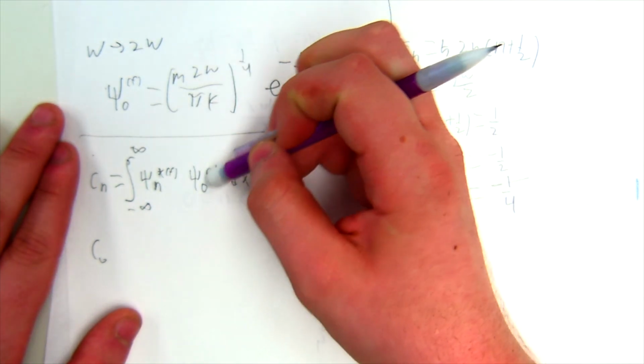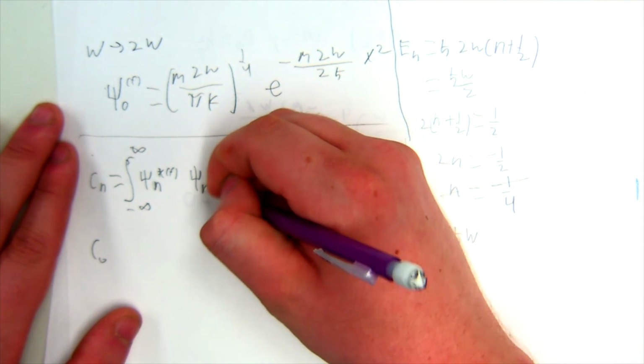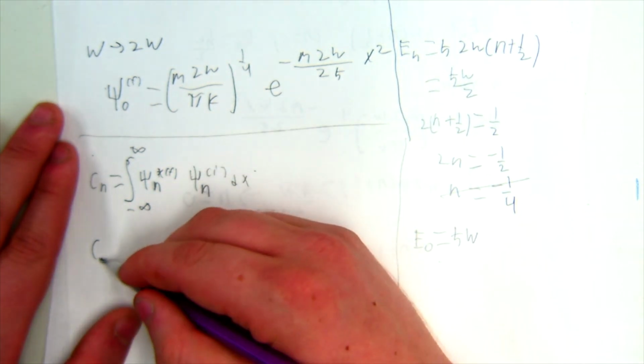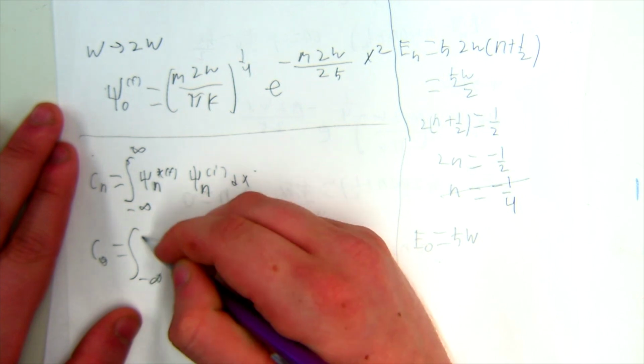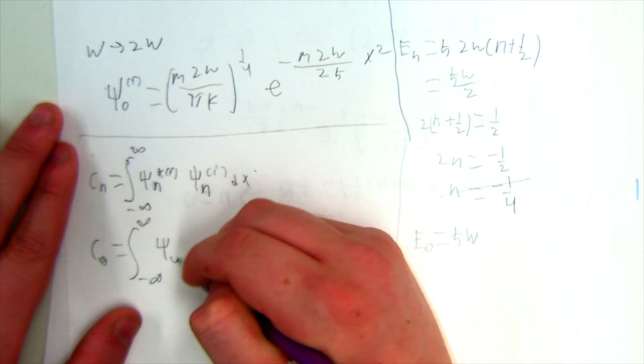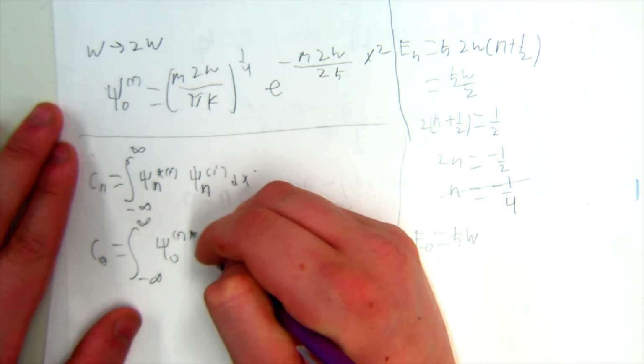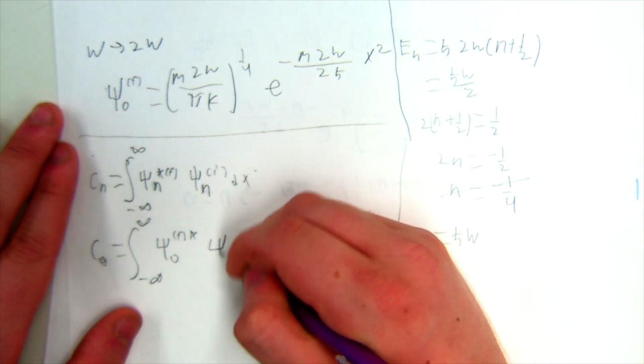Then for the ground state, it'll be this inner product here.